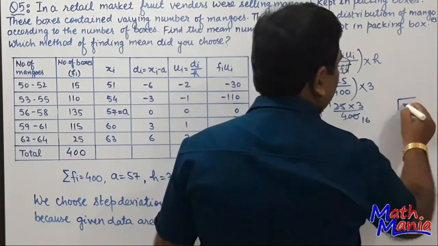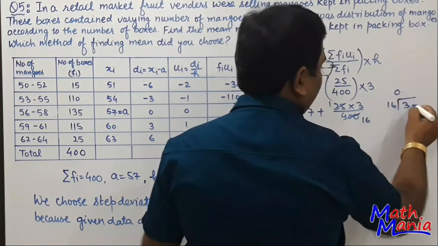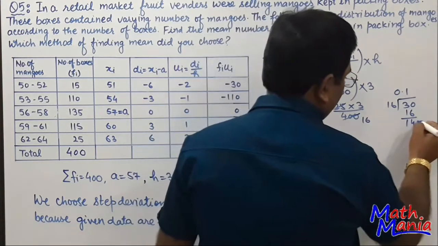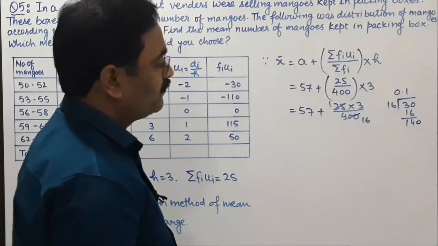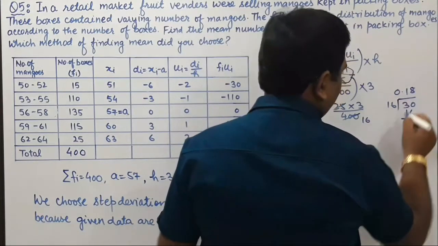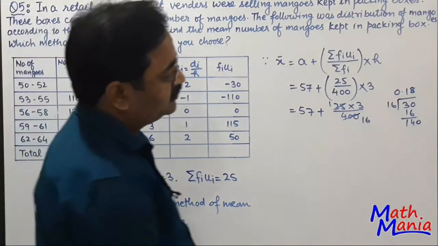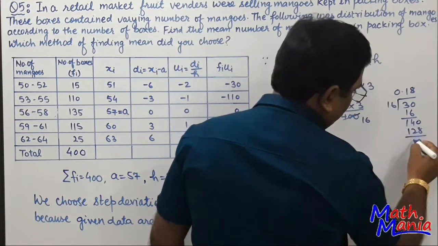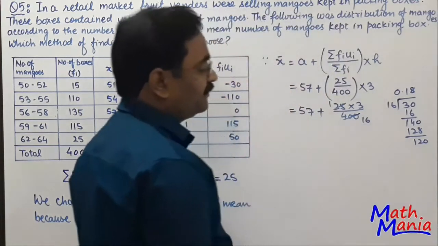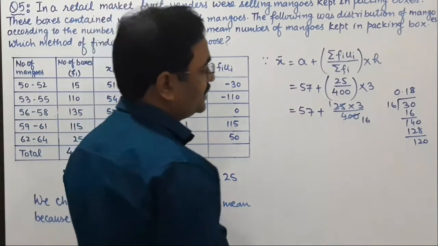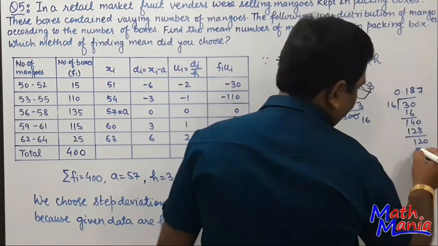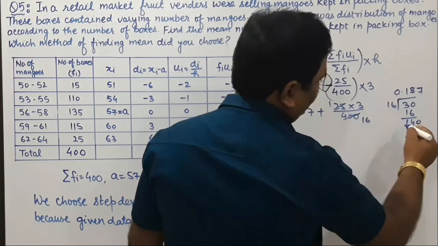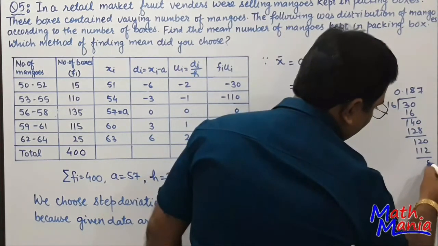So when you divide the number 3 by 16, decimal 0, 3, 16 ones are 16, you will get 14, again 0, 16 8s are 128, 2 and 1, 16 7s are 112, that gives you 8.